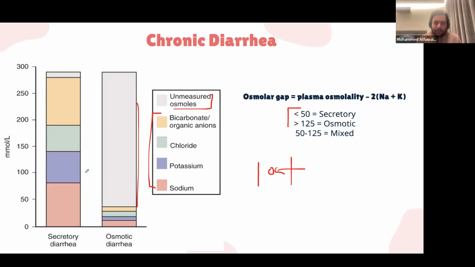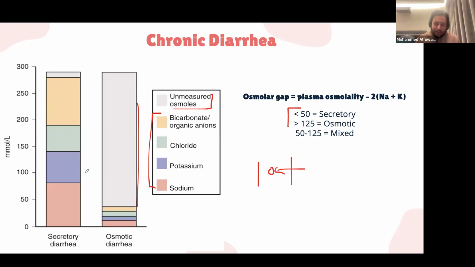For the antidiarrheal agents you can use, the most important one is an opioid receptor agonist. What is that drug called? This is the most important drug I want you to remember. What is that drug called? An opioid receptor agonist, other than codeine.